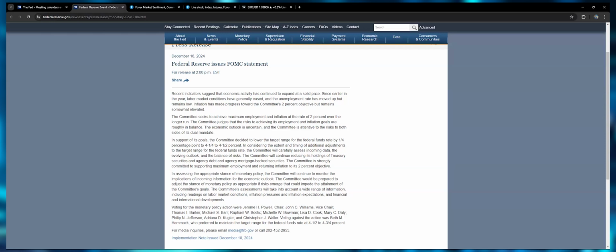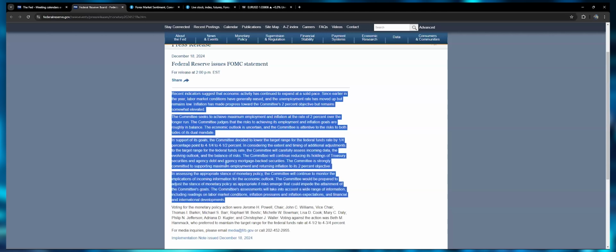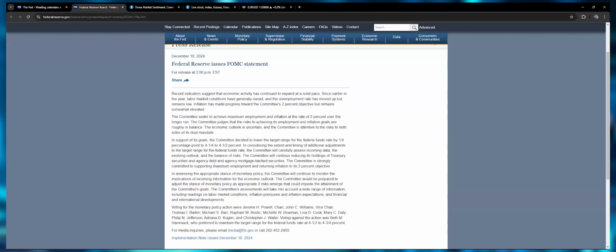Okay, and this is the press release. This is pretty much the first thing that always comes out on the release, and it tells us very briefly about the economy and what they've done. First, it says that recent indicators suggest that economic activity has continued to expand at a solid pace. Yes, we've seen that. Since earlier in the year, labor market conditions have generally eased and the unemployment rate has moved up, but remains low. Inflation has made progress towards the committee's 2% objective, but remains somewhat elevated.